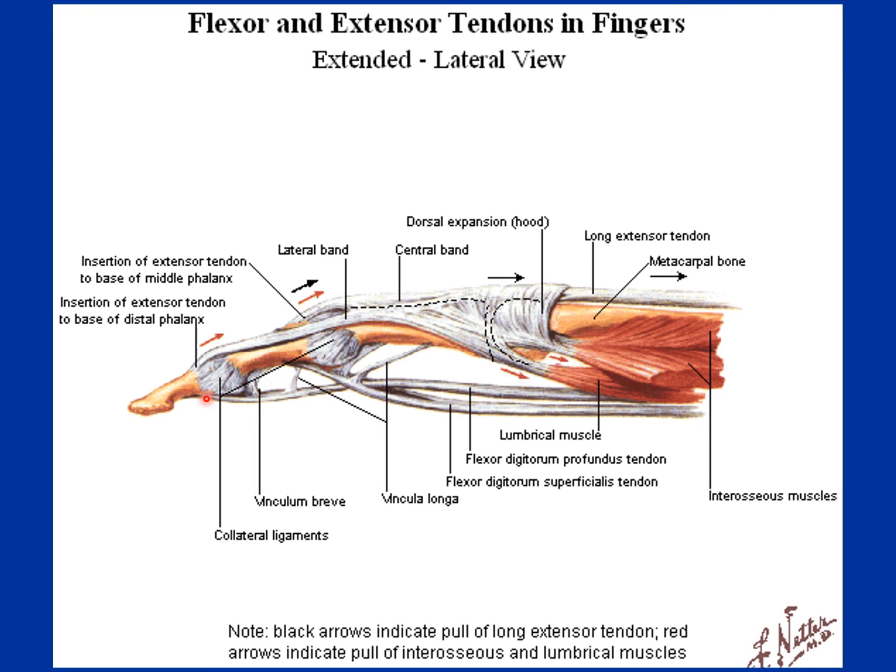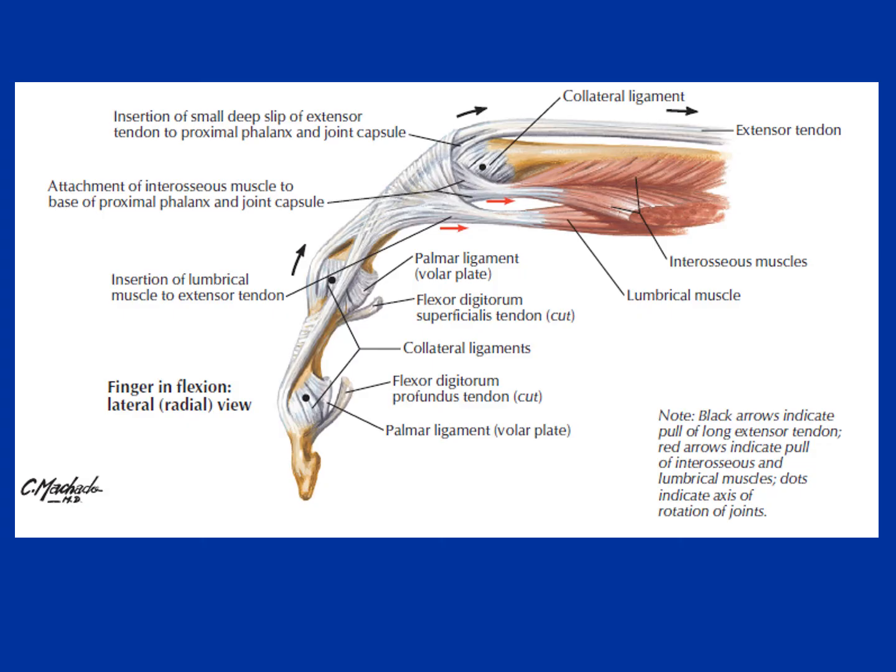And these long flexor tendons are supported by connective tissue units, and these connective tissue units which are keeping them in position with the phalanges are known as vincula longa and vincula brevia. Vincula longa is a long connective tissue band, and vincula brevia is a small connective tissue band.